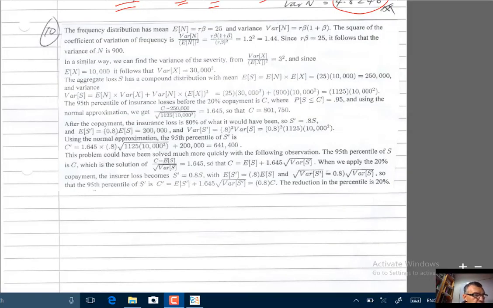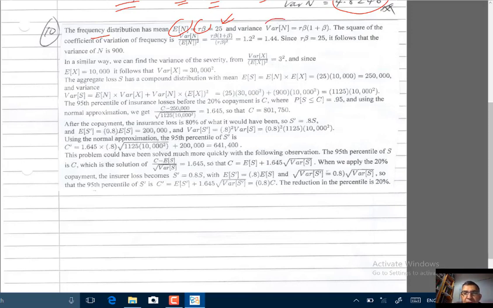Question number 10. An insurance policy provides full coverage for the aggregate losses of the widget factory. The number of claims for the widget factory follows a negative binomial distribution with mean 25 and coefficient of variation 1.2. So the frequency distribution has a mean r beta of 25, coefficient of variation 1.2, which is sigma over mu.